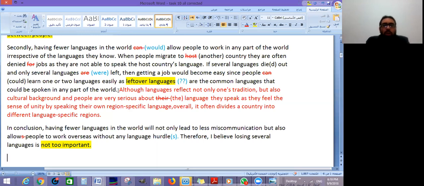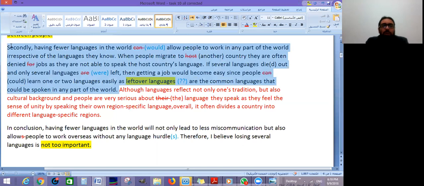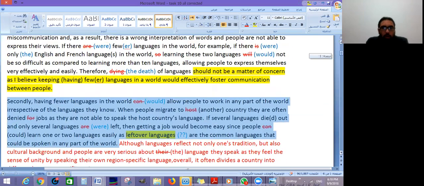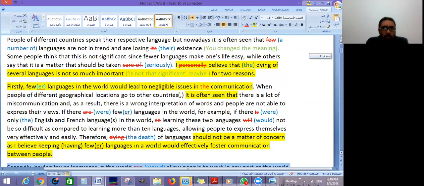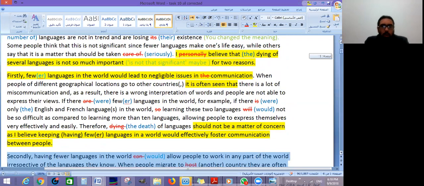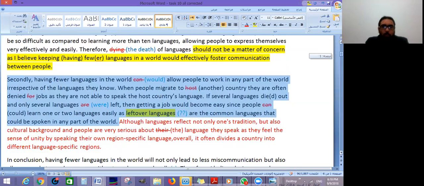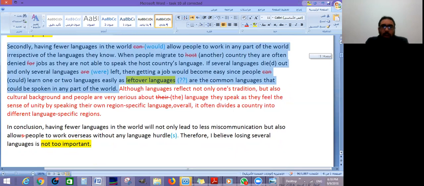So here we're talking about why having fewer languages is a positive thing. Now, here we have the languages dying out being a positive thing.